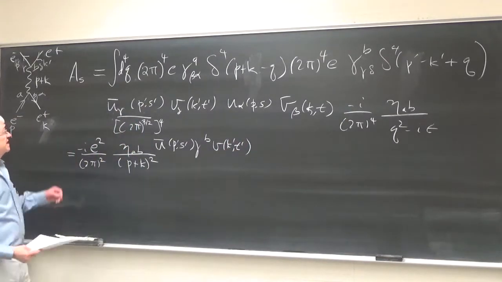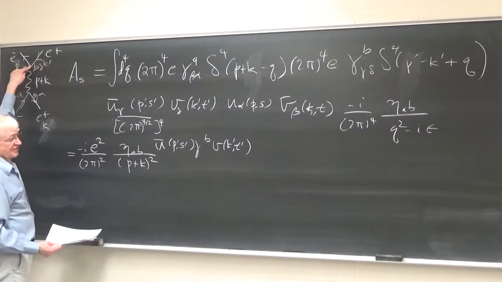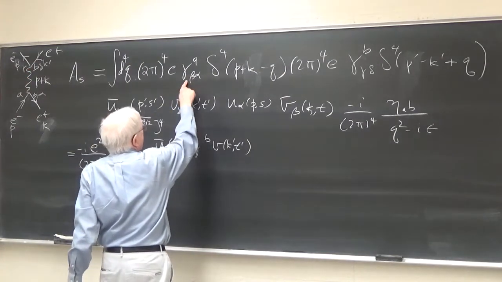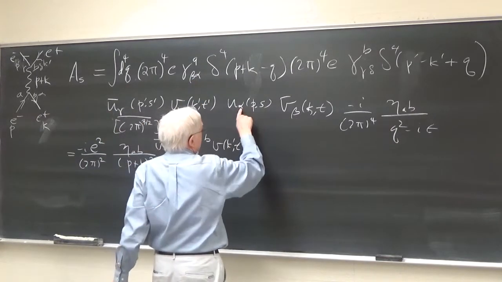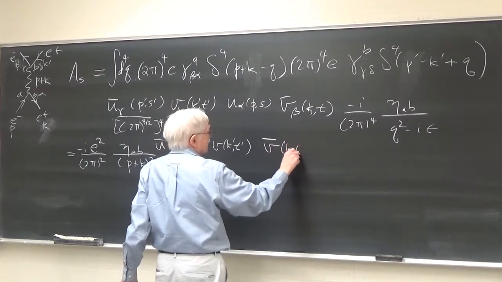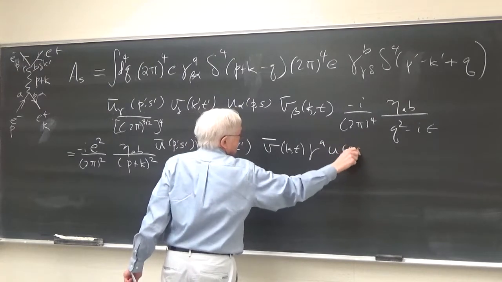And that, in a sense, describes this final vertex more transparently. And then we have γ^A, β, α, and we have here a β and an α, and so this is v̄(k, t) γ^A u(p, s).